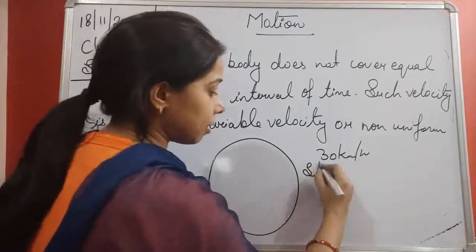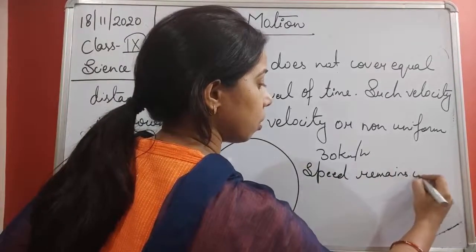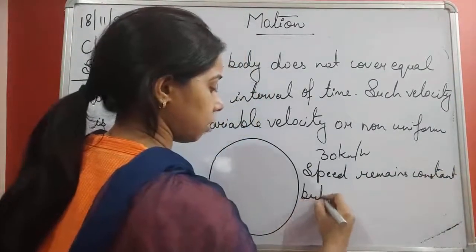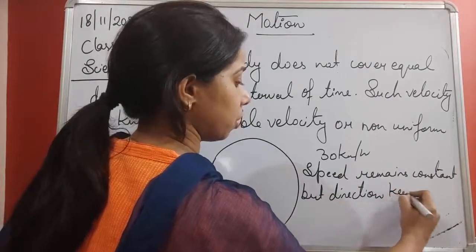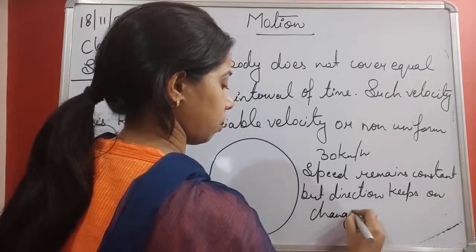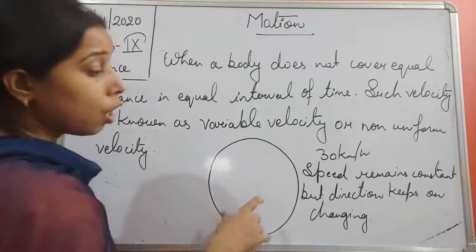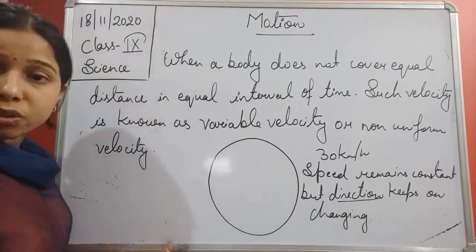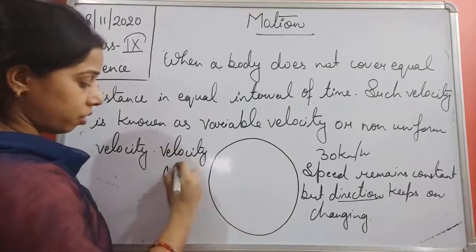So the speed remains constant, but the direction keeps on changing. In such a case, since the direction changes, we can say that velocity also changes.